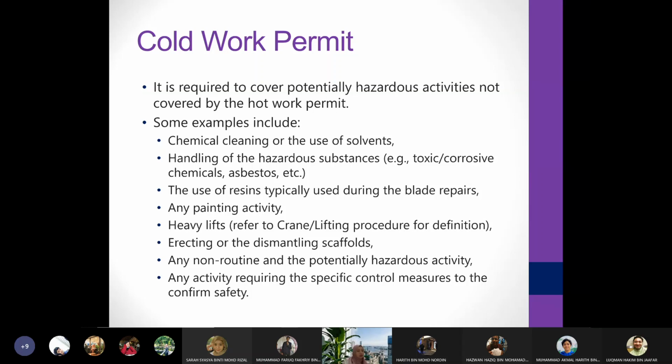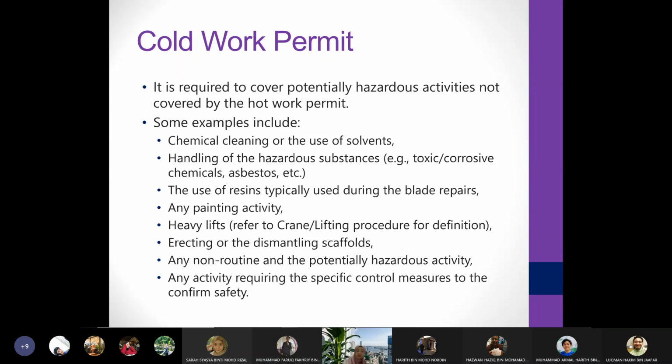And then if you're handling hazardous substances that are toxic, that are corrosive, asbestos, for example, those need a cold work permit. And the use of resins is typically used during blade repairs. Any paint jobs, if doing paint jobs, you need to have a cold work permit. If you're doing any heavy lifts, this refers to crane and lifting procedures.